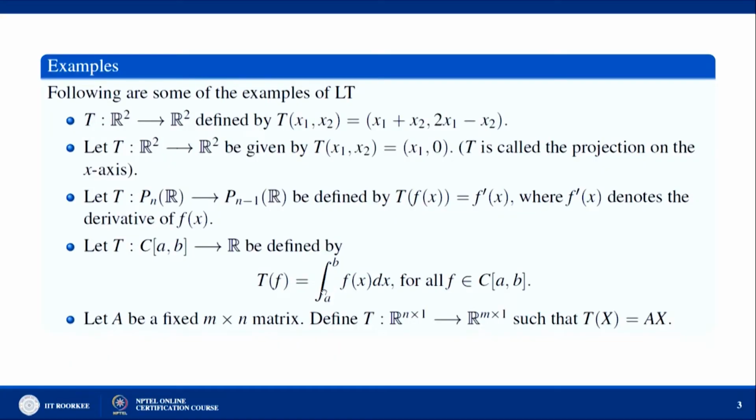Now, similarly, if we define the integral from a to b of a function f(x), where f(x) is a continuous function from a to b, then this is also a linear map.